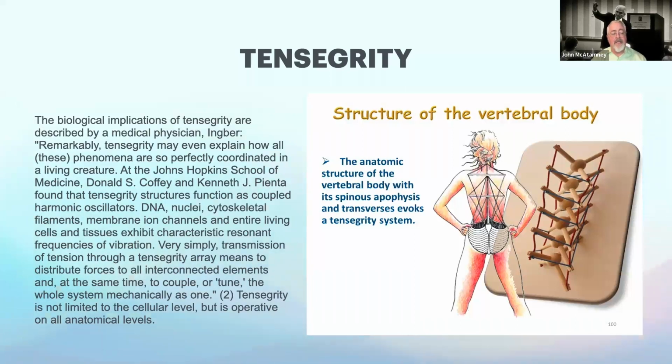So simply, transmission of tension through a tensegrity array means to distribute forces to all interconnected elements and at the same time to couple or tune the whole system mechanically as one. Tensegrity is not limited to the cellular level, but is operative on all anatomic levels.